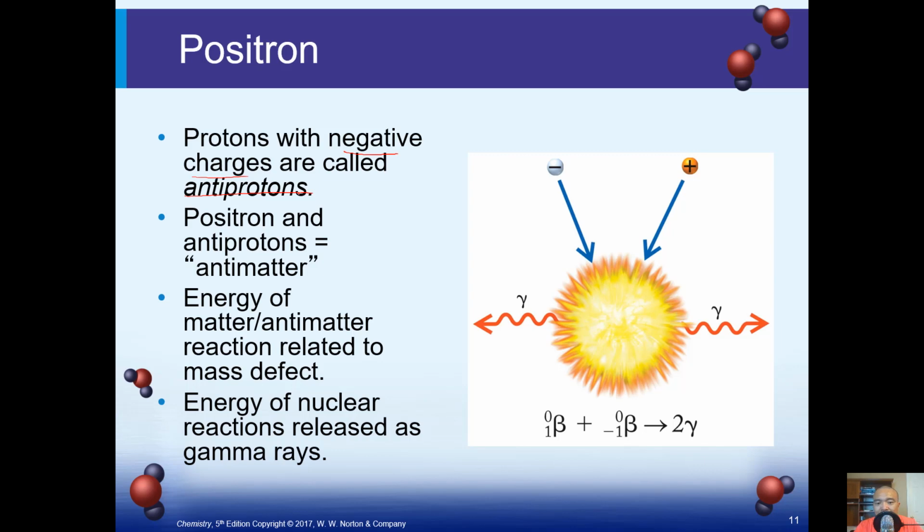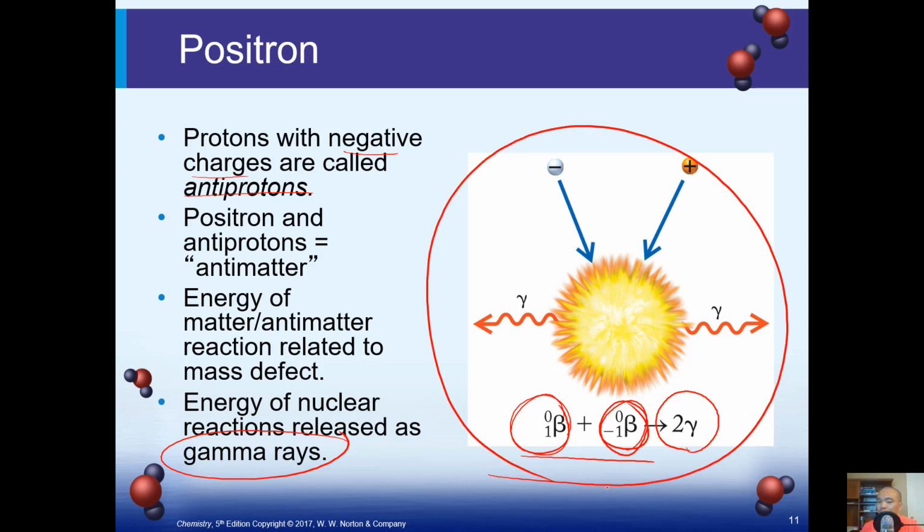This energy is released in the form of gamma rays, a highly energetic electromagnetic wave. For example, a beta particle or an electron on the right side and the positron, when they collide with each other, generate a huge amount of energy in the form of gamma rays, as you see in this whole process.